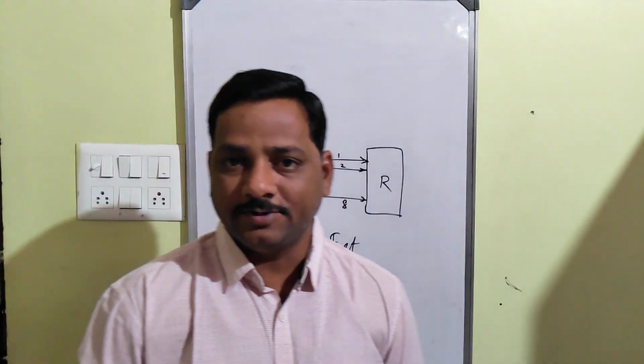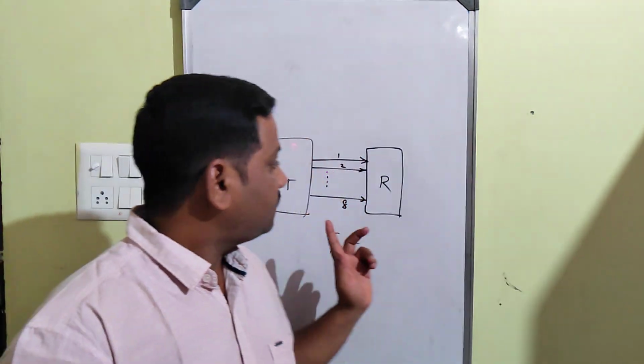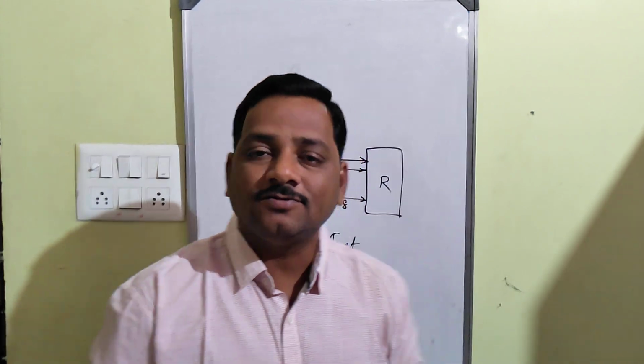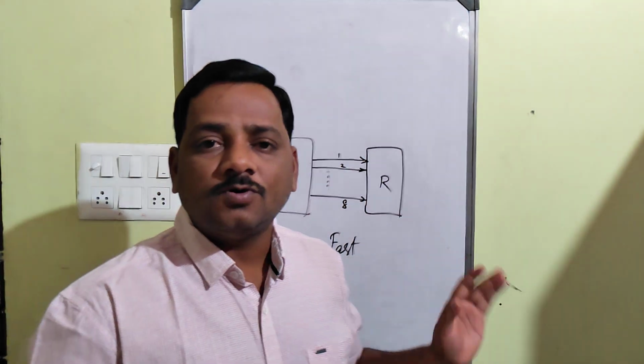For example, a printer will be placed nearer to the CPU. In that situation, we can go for parallel communication, wherein the length of wire will be very small. So we can bear that cost compared to the speed, because we are getting the advantage of high speed transmission, right? So this is about parallel.